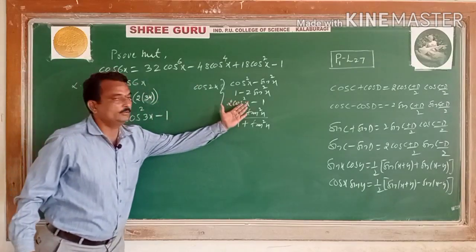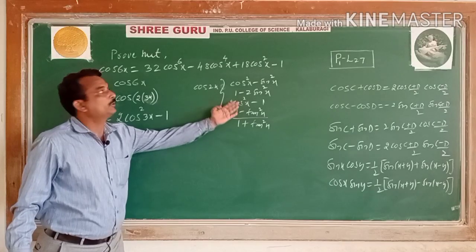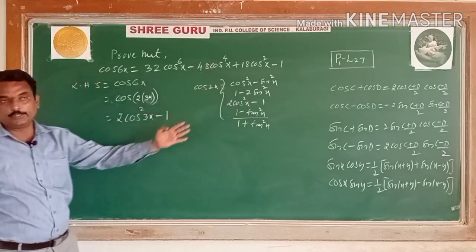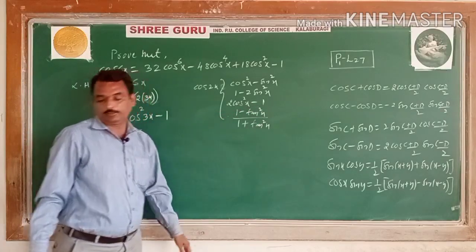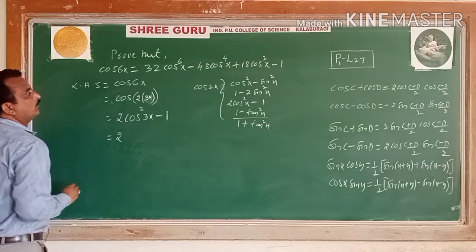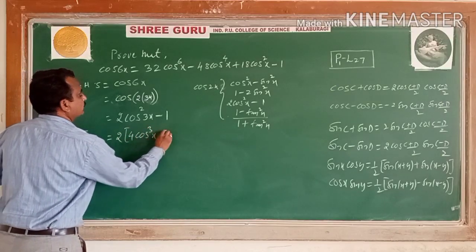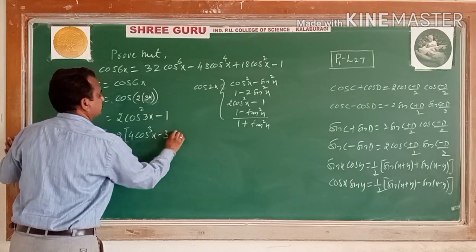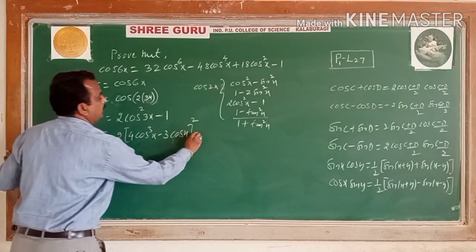See the formula, this one? In terms of cos we have converted, because we have to prove in terms of cos. In terms of cos we have taken 2 cos square 3x minus 1. This is equal to 2. What is cos 3x? 4 cos cube x minus 3 cos x, whole square, minus 1.